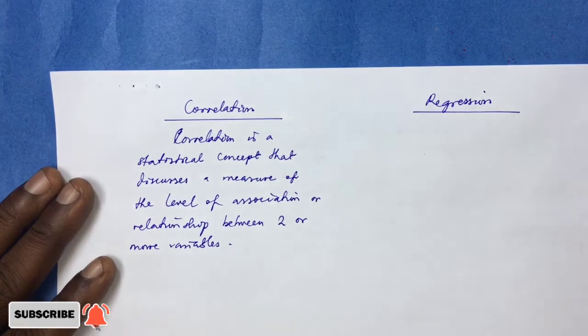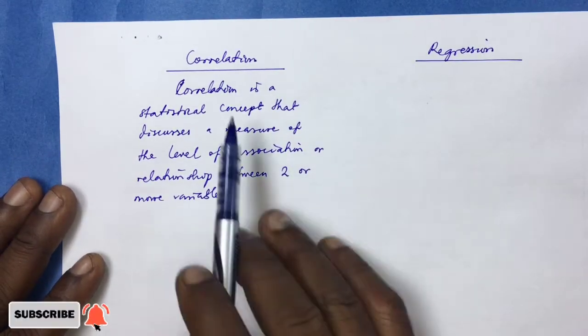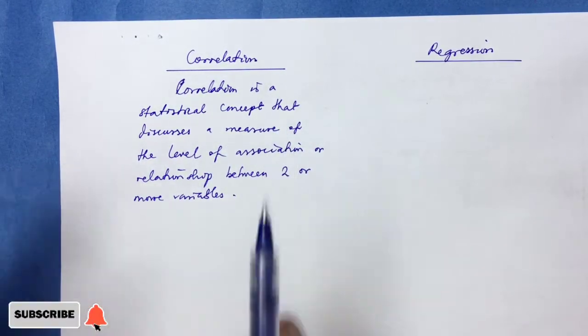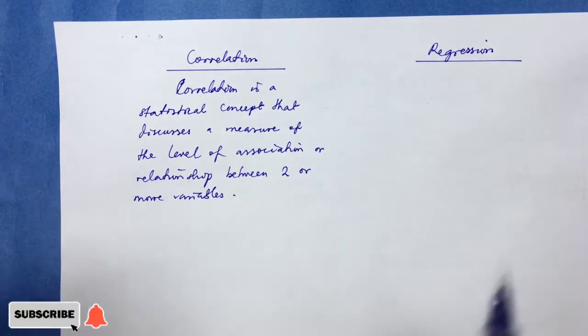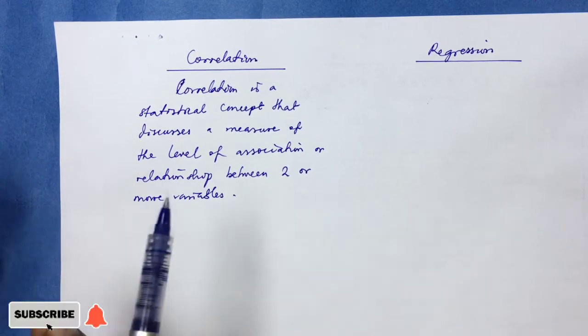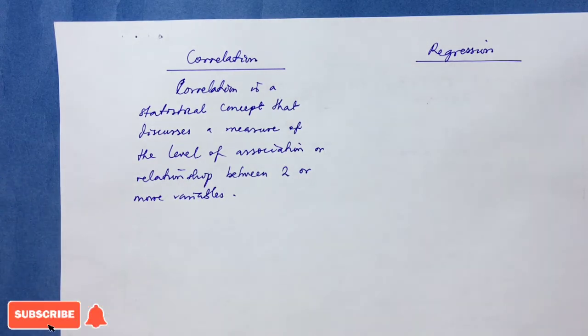Okay? Now, if you want to look at it critically, you will notice that correlation talks about the concept of discussing the measure of the level of association or relationship between two or more variables.